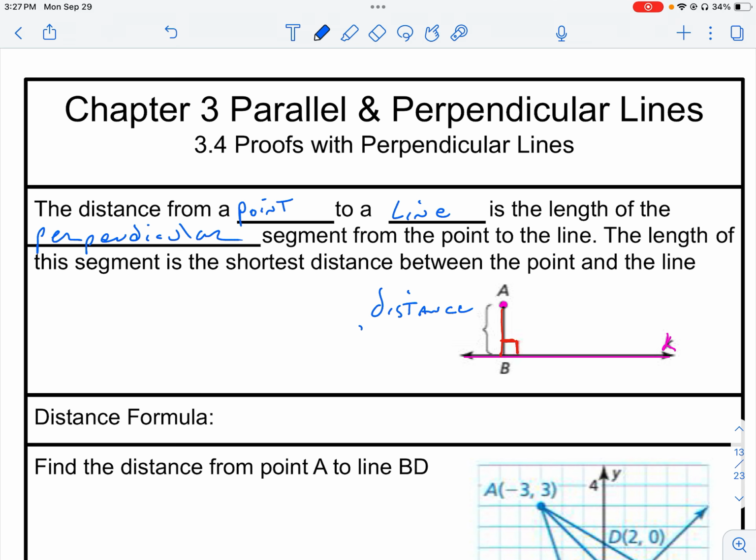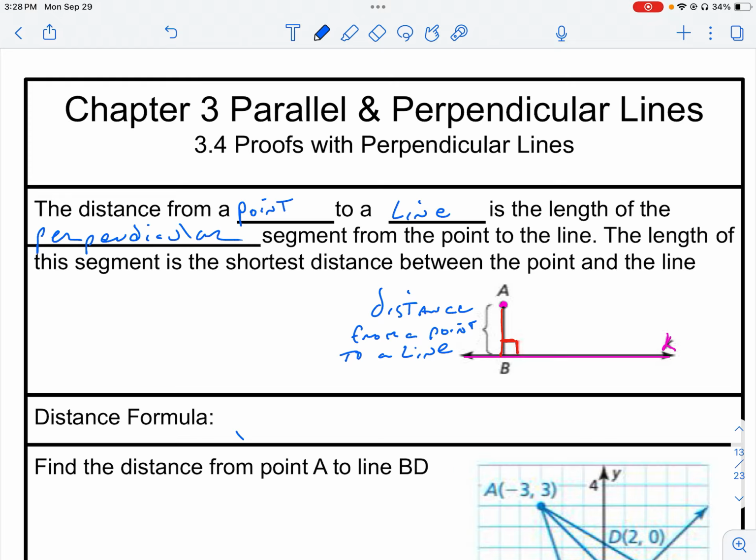And this is the distance from a point to a line. And the reason we do it this way, it's the shortest distance, and it's a consistent distance. If we're measuring to the perpendicular, we're measuring the same way every single time.